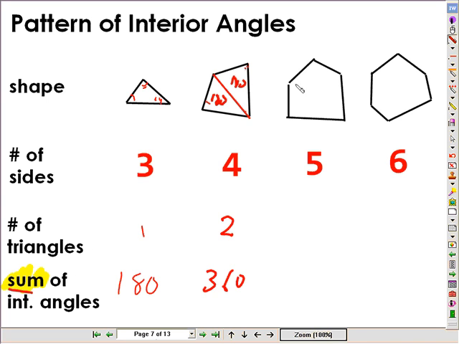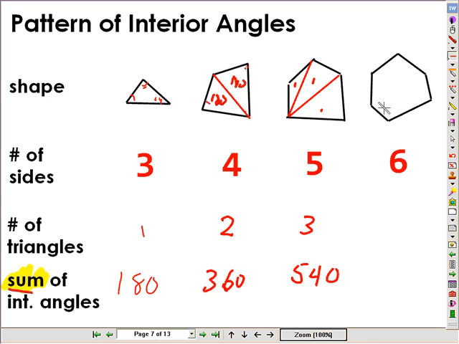So let's go to 5 sides. 5 sides, how many triangles can this create? Well, I'll take one vertex and we can draw to every other vertex. And now we have created 1, 2, 3 triangles. 180 degrees per triangle. Grab your calculator, hit the buttons, and we have 540 degrees as a sum.